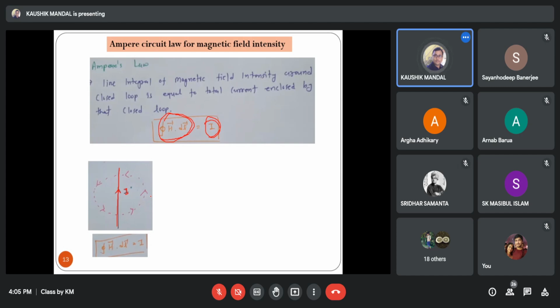So as per the right hand rule, obviously that will be the direction of magnetic field intensity. So over this closed loop, what will be the total if we apply the line integral? If we apply the integral, that is H dot dl, that will be equal to the total current enclosed by this loop.